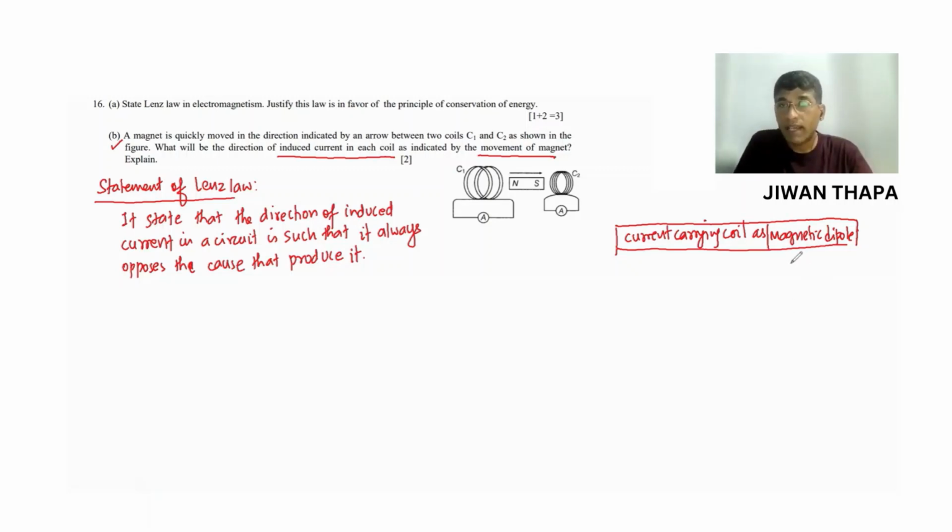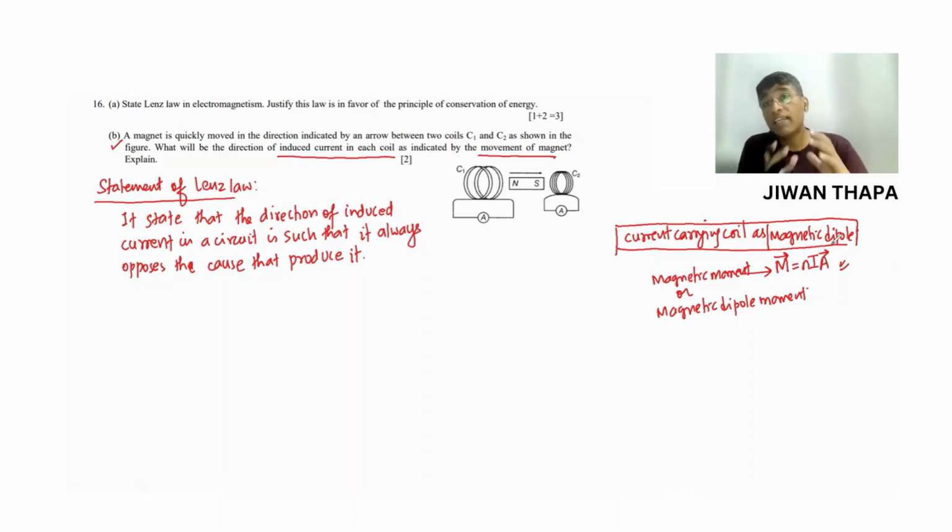Clear? And magnetic dipole moment M equals N, which is the number of turns, times I, the current flowing through the circular coil, times area vector A. So this is called magnetic dipole moment, or magnetic moment, for a circular coil having N number of turns, carrying current I, and having area of cross section, vector A. So we have this.